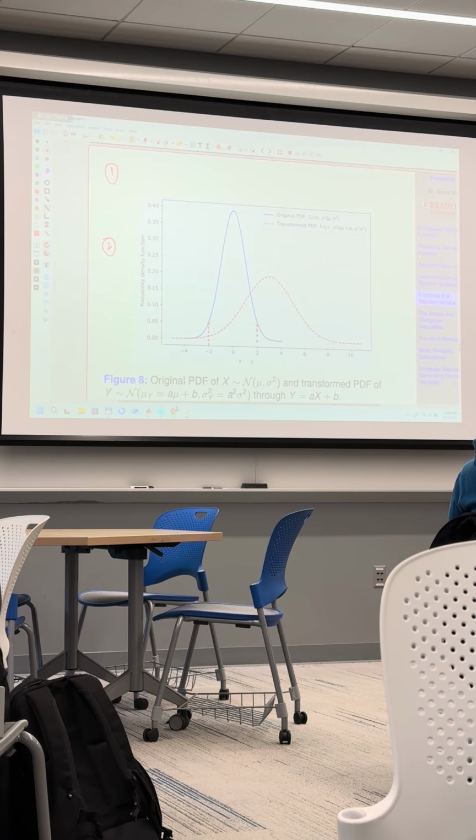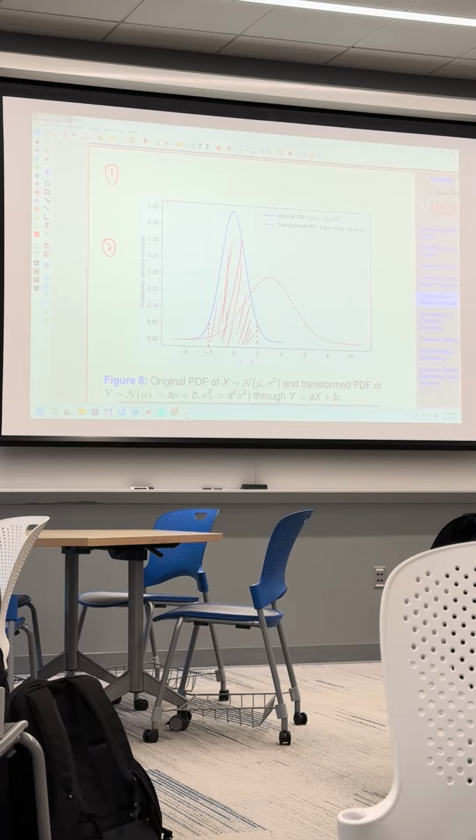Your program should be shading, so you have a different shading here. So this is the probability, and it should display what the probability is. So you find the probability of -2 less than x less than or equal to 2 equals what? Your plot should display this one, and the other one is from 2 to 4.